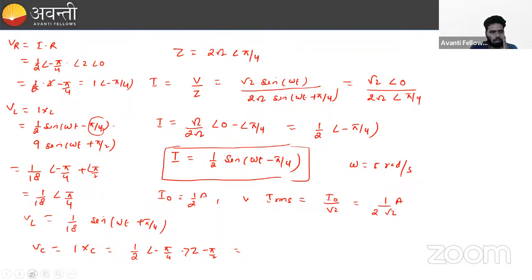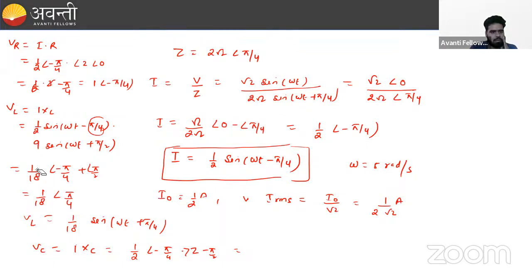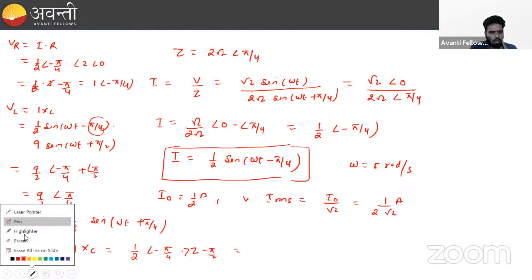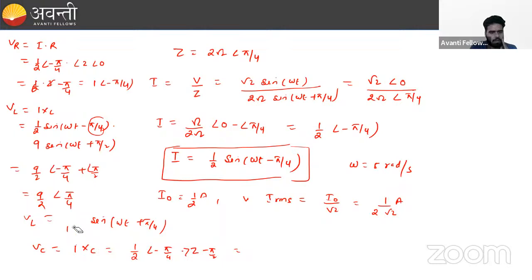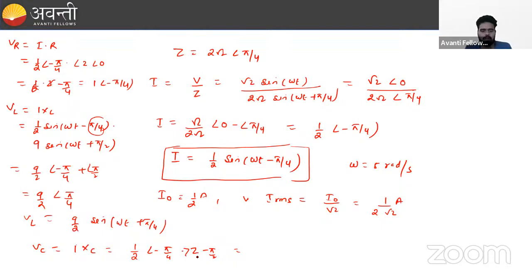actually here we have to see there is some calculation mistake. This will become 9 by 2. Here also we can write 9 by 2, right? So here this will become 7 by 2, right?